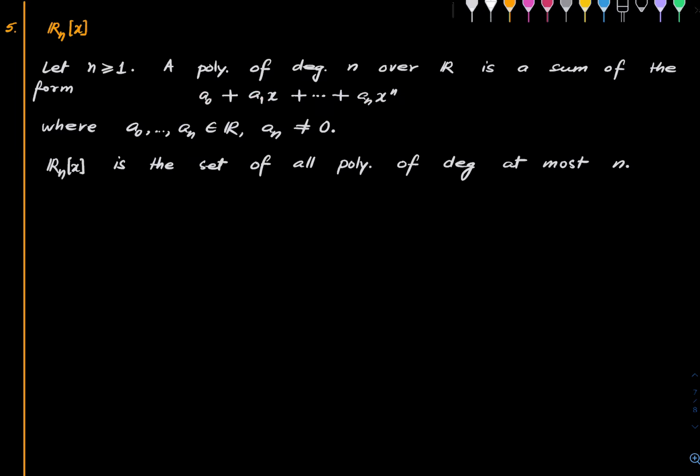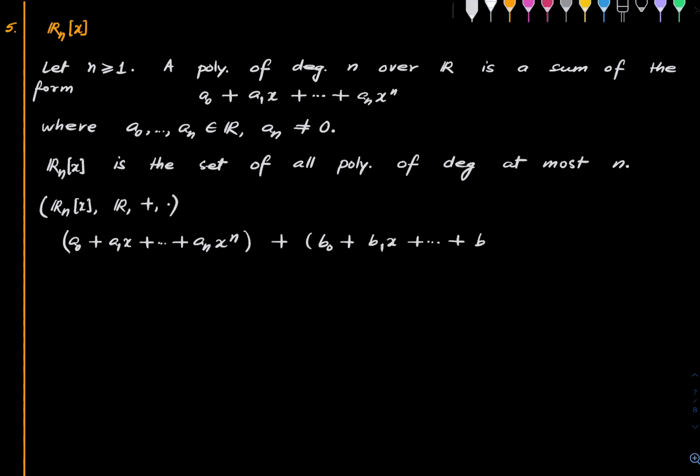All right, so that's R_n[x], and then you add them in a very natural way. So then you define this quadruple, where what is plus? So how do you add two polynomials? If we have these two polynomials, this is how you add.